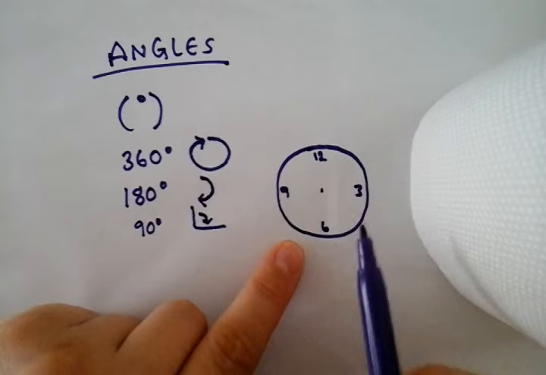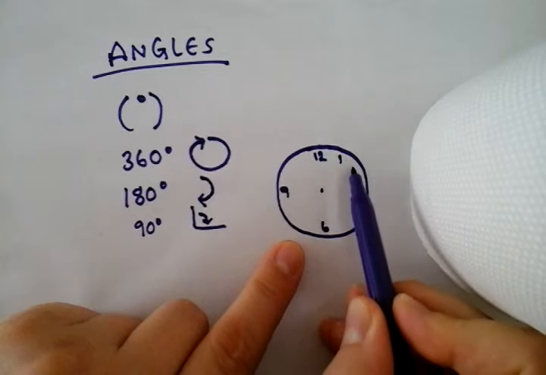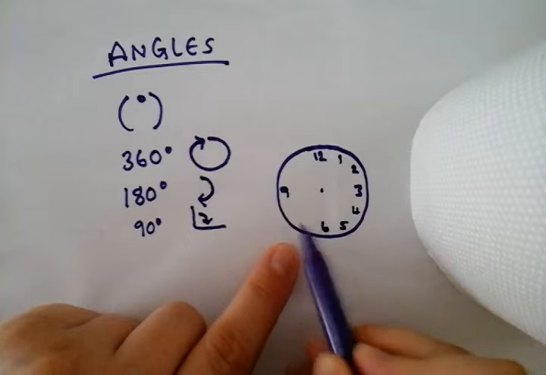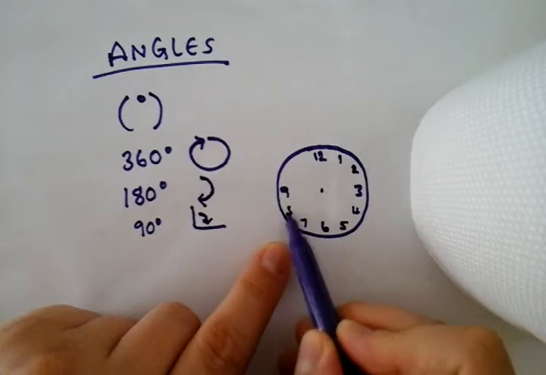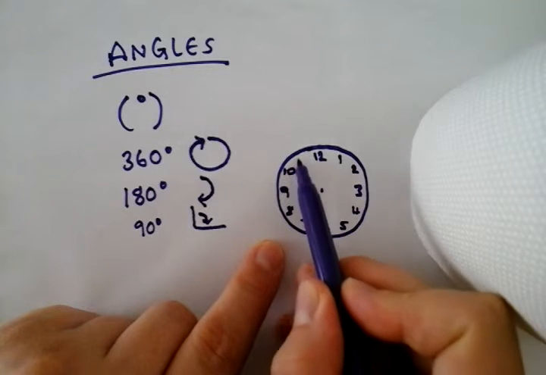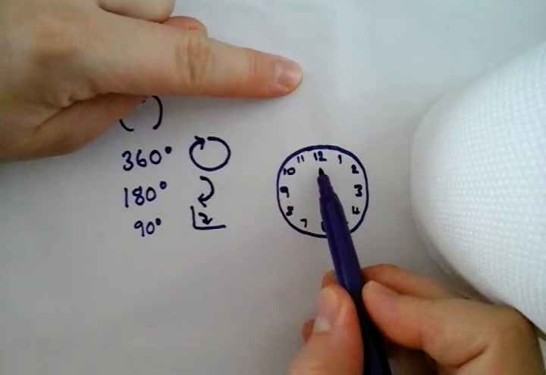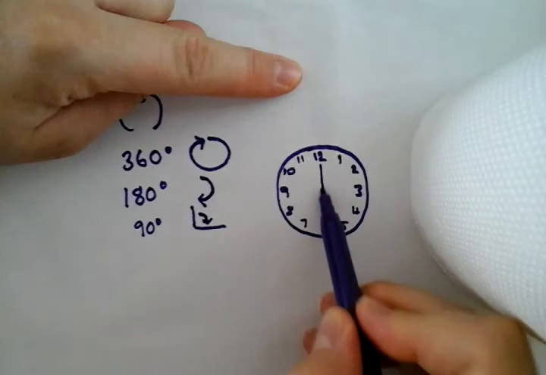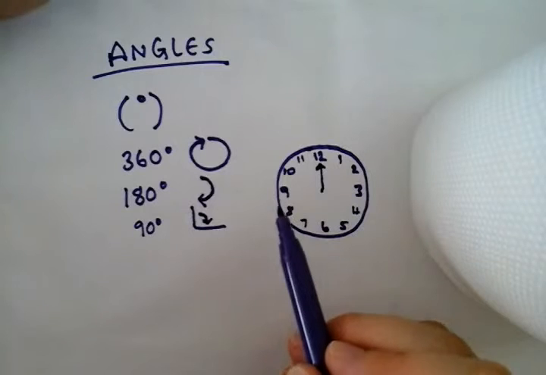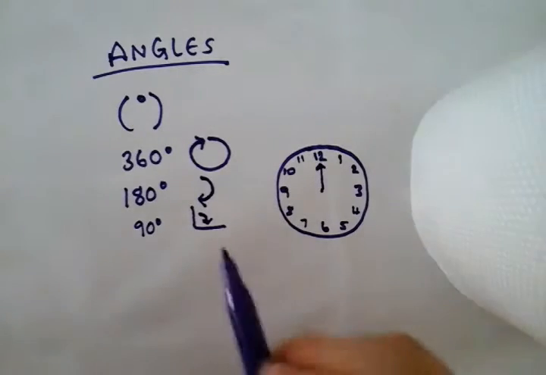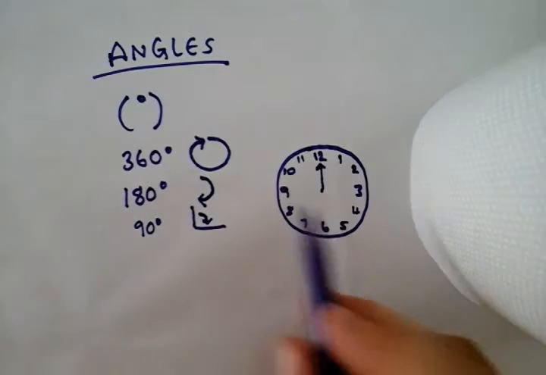So we've got the dot in the middle, and we've got 1, 2, 3, 4, 5, 6, 7, 8, 9, 10, 11. And the long hand is on the 12, and it says the minute hand of a clock turns 360 degrees in 1 hour.